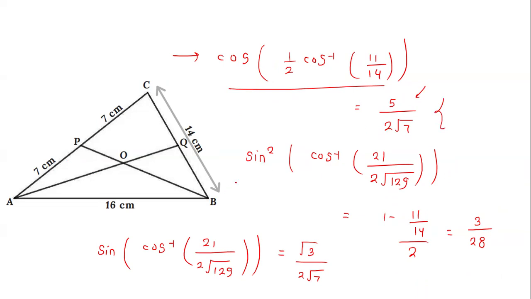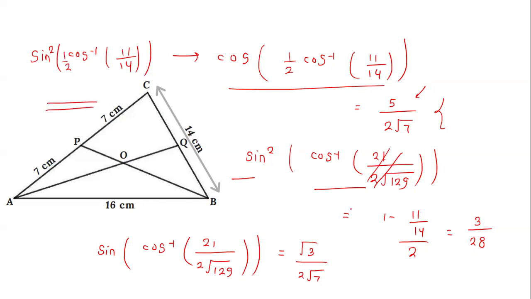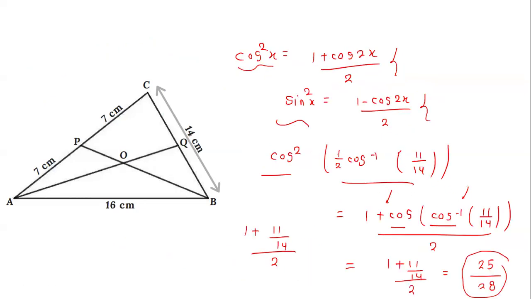Similarly, we need the sine square of this angle. Actually, here it is not this; here the angle is sine square of half of cos inverse of 11 by 14. So we are calculating this thing. It will come like 1 minus cos 2x, as we previously saw.